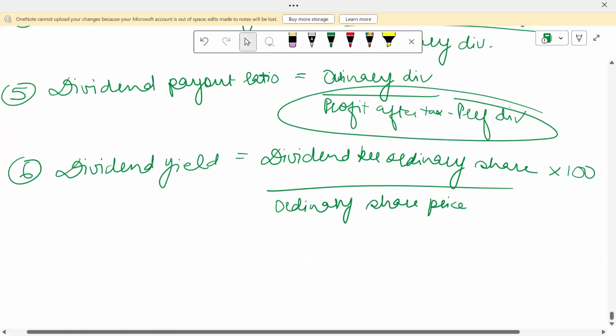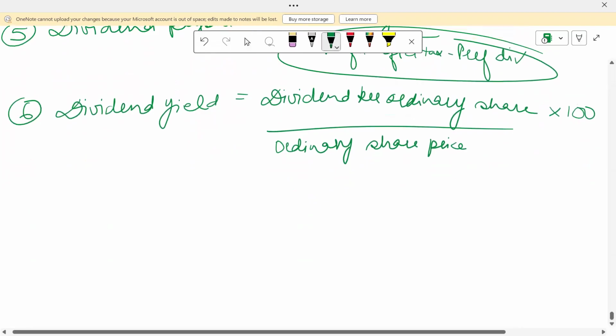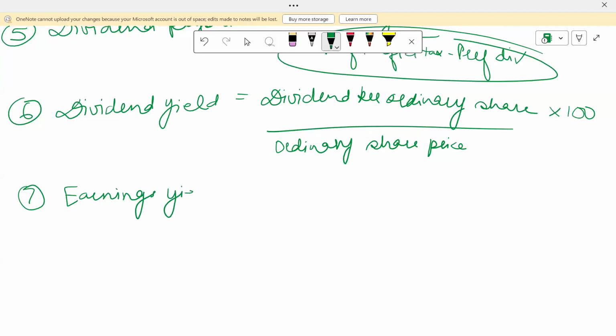So this gives you a percentage answer. Dividend yield is in percentages. Next one is called earnings yield. Earnings yield is equal to nothing but your EPS divided by ordinary share price. So here you are comparing, based upon the share price, how much the share has given you in terms of earnings.